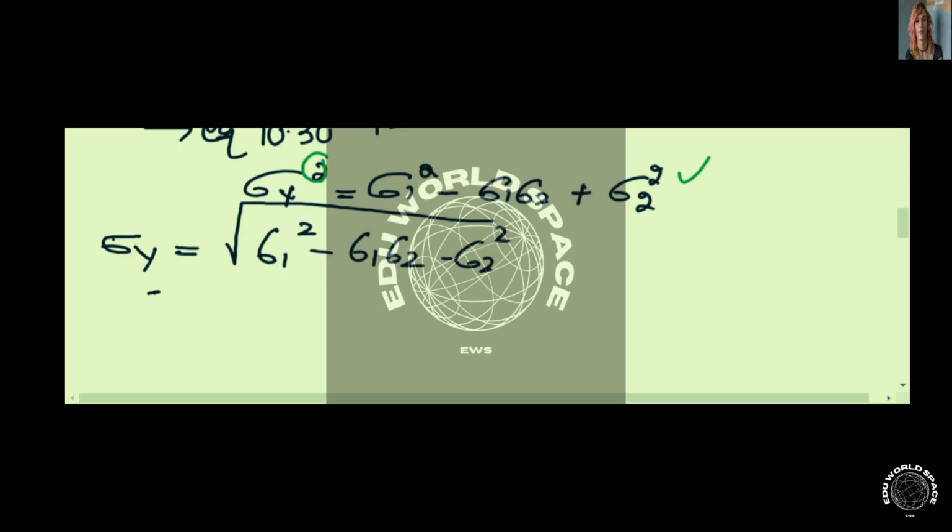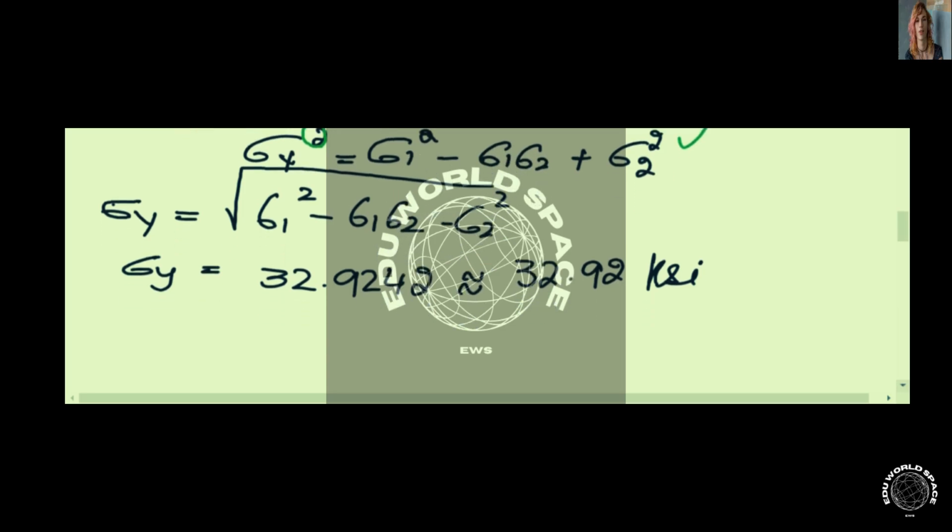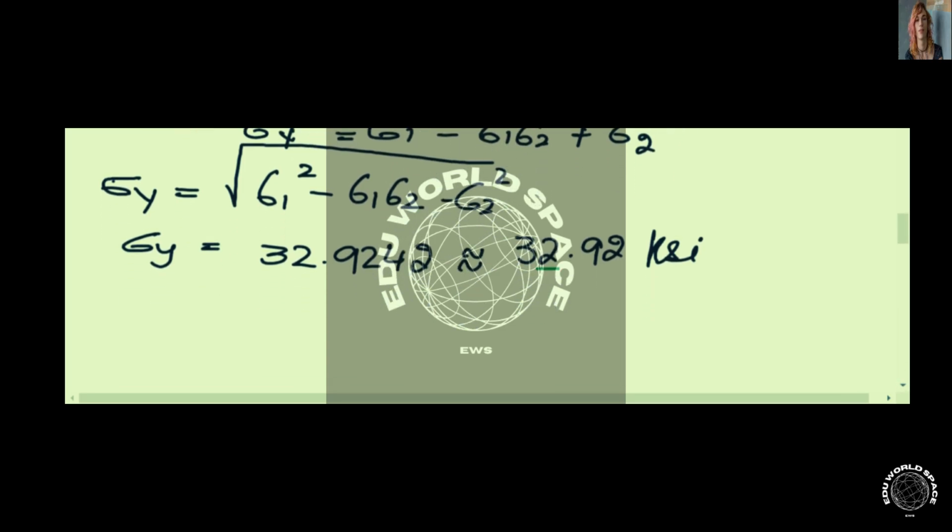Just plug in the values and we get sigma sub y equal to 32.9242, approximately 32.92 ksi. This calculated value, 32.92, is less than 50.